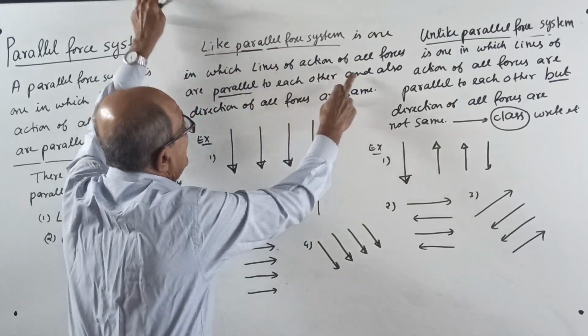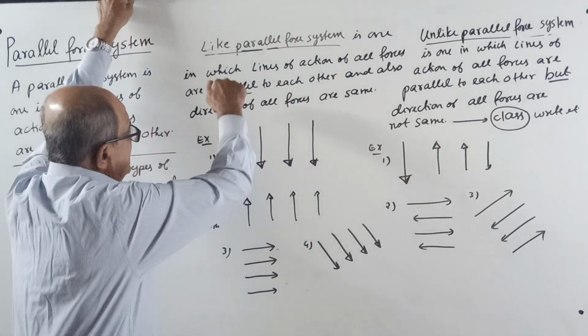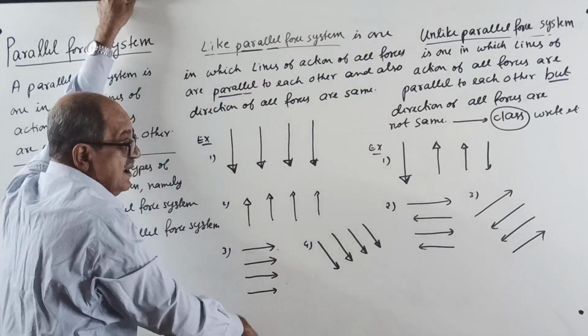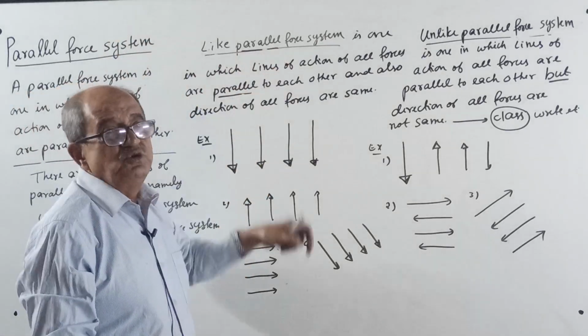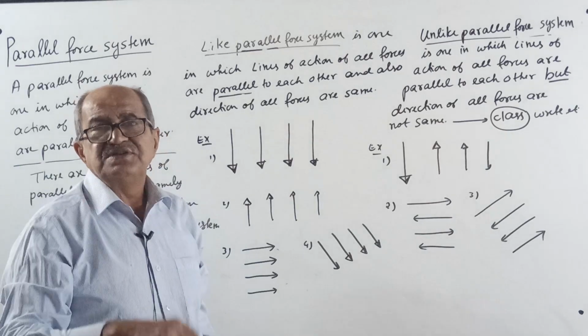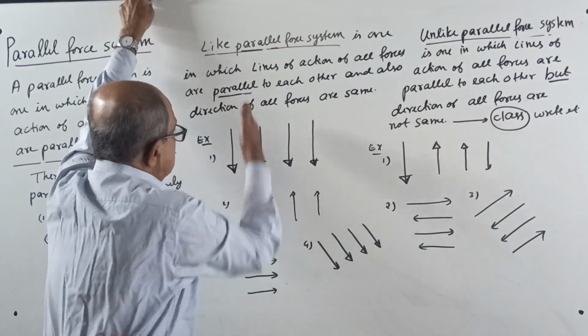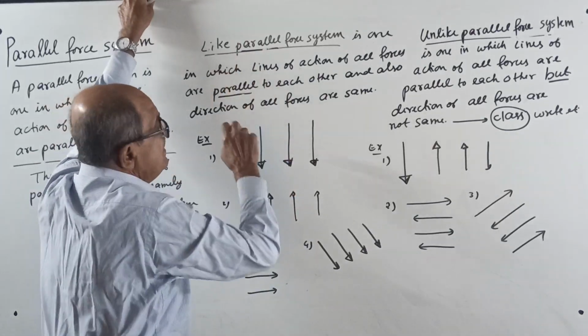Now, like means that the direction of all forces is also the same. See, one force this way, second force the same way. First of all, like parallel forces, you make a note. Two conditions. Condition one, parallel. Next, like means same direction.